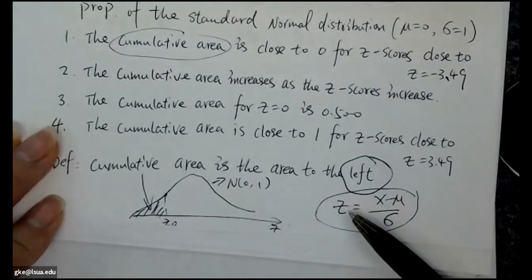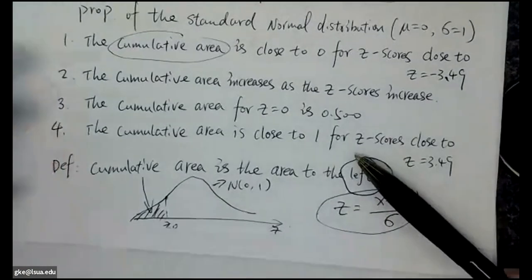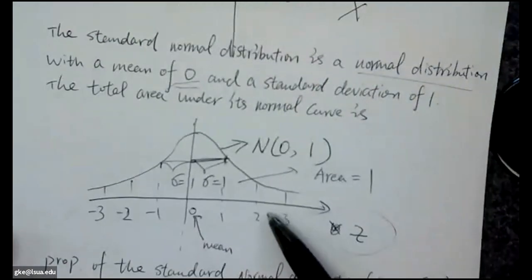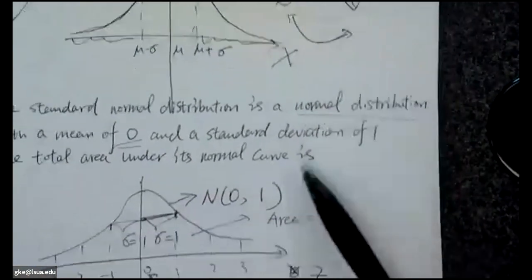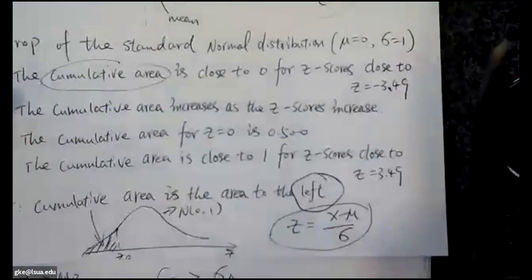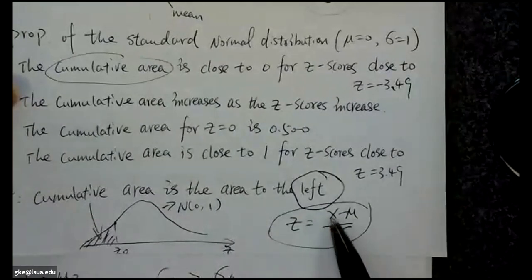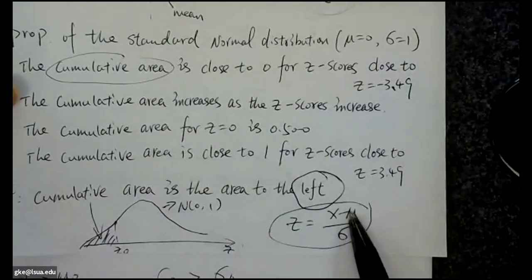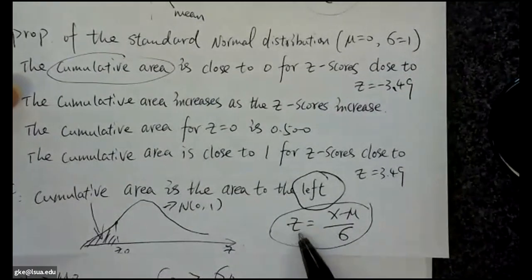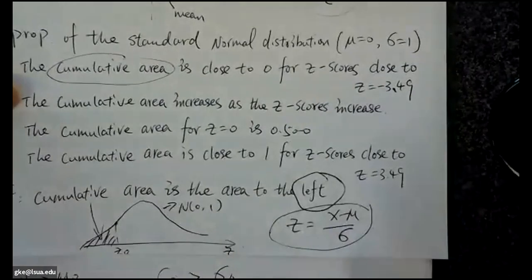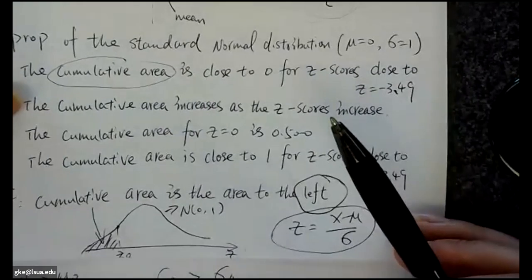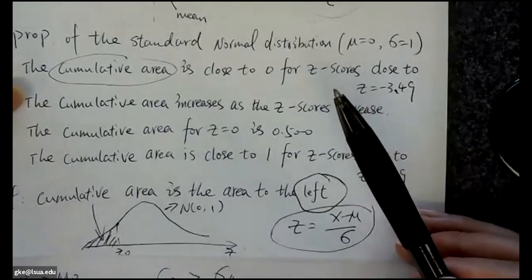The z-score is going to help us connect the normal distribution to the standard normal distribution. Previously we used x. Now we can use z through this z-score, because after we subtract mu from x and divide by sigma, we get z.